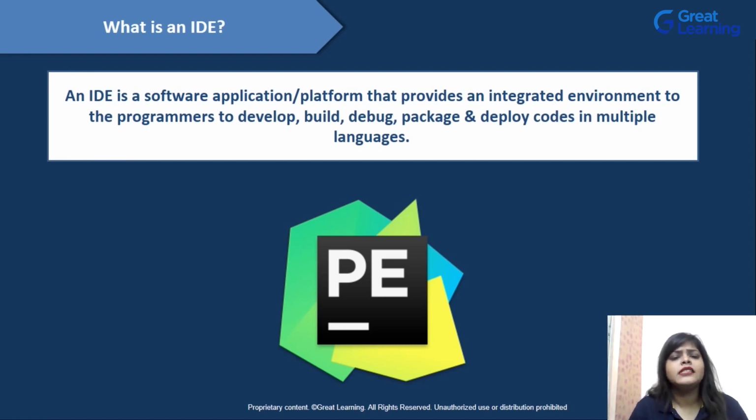Now you will ask me what exactly developing code, building code, debugging code, and packaging and deploying code are. If you are a software developer or someone in the software industry, you should know what developing code is. Basically, when we write code, we develop code to get our work done.